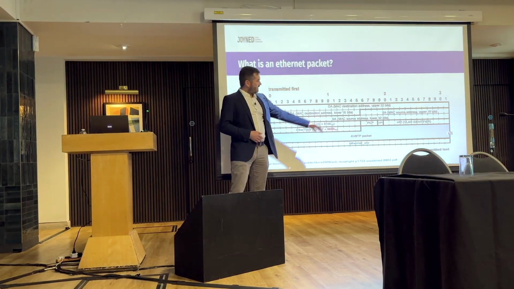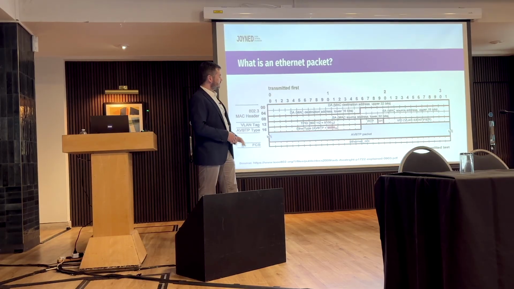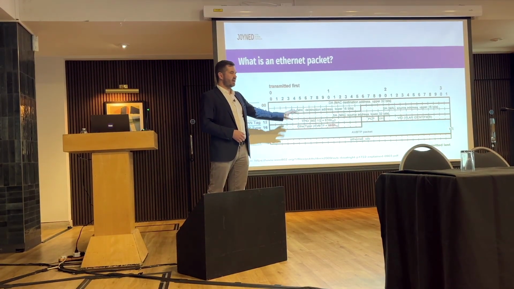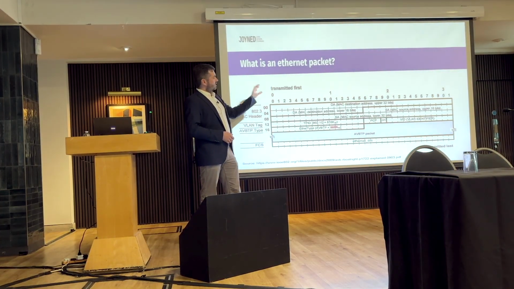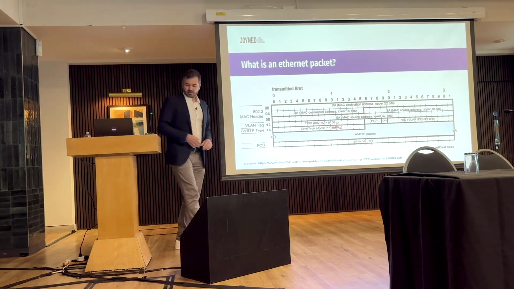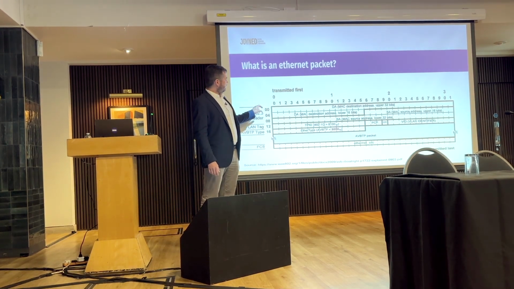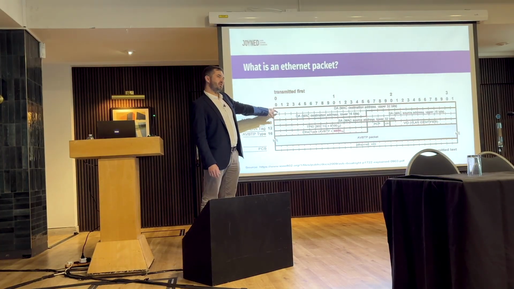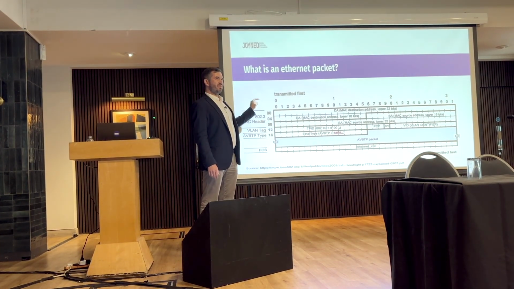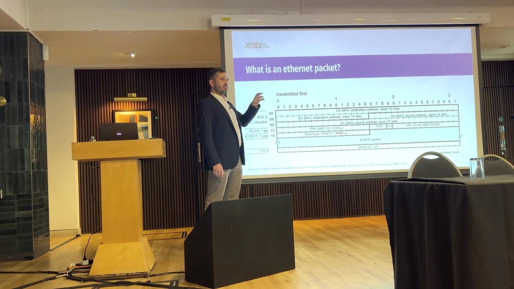And then after that, AVB-specific things will follow, which we do not need to go into, but this is basically where you would find the timestamps and the audio samples. This is how every Ethernet packet is structured. And this is also what gives us the advantage that if we have unique MAC addresses here that can clearly identify a stream, the switch can go in very early and identify this is AVB, I need to handle that in a special way.